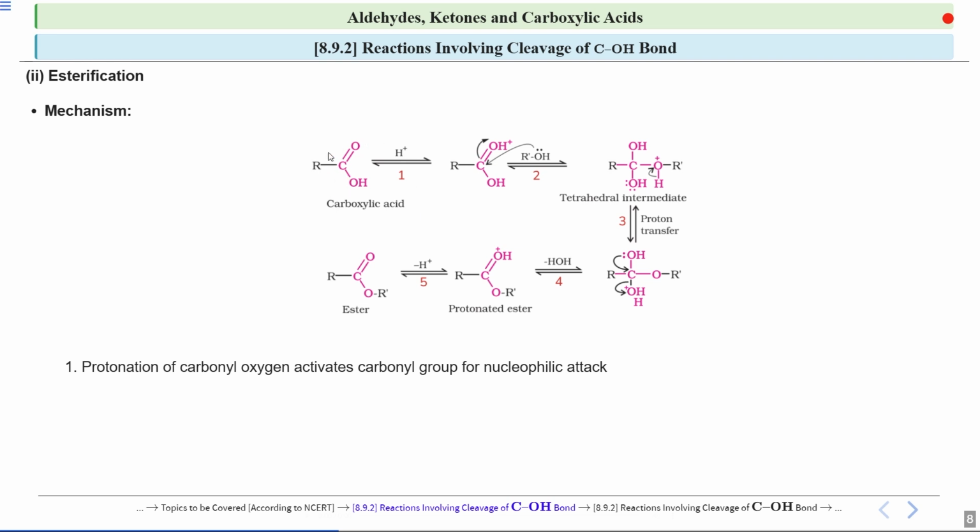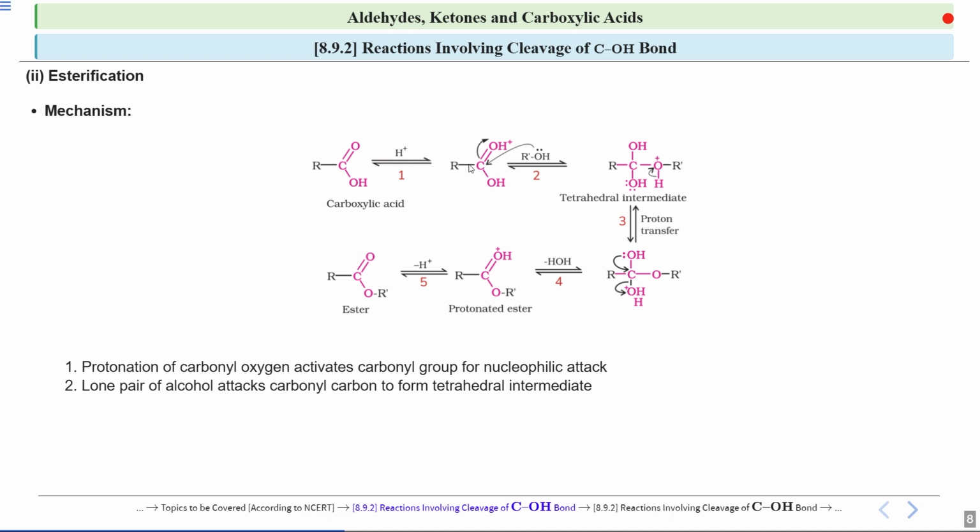So this is the carbonyl oxygen of the carboxylic group. It is protonated. So what happens? This protonation activates the carbonyl group, which makes it more susceptible to nucleophilic attack. So if you see over here, this oxygen gets protonated and now it is more susceptible to a nucleophilic attack.